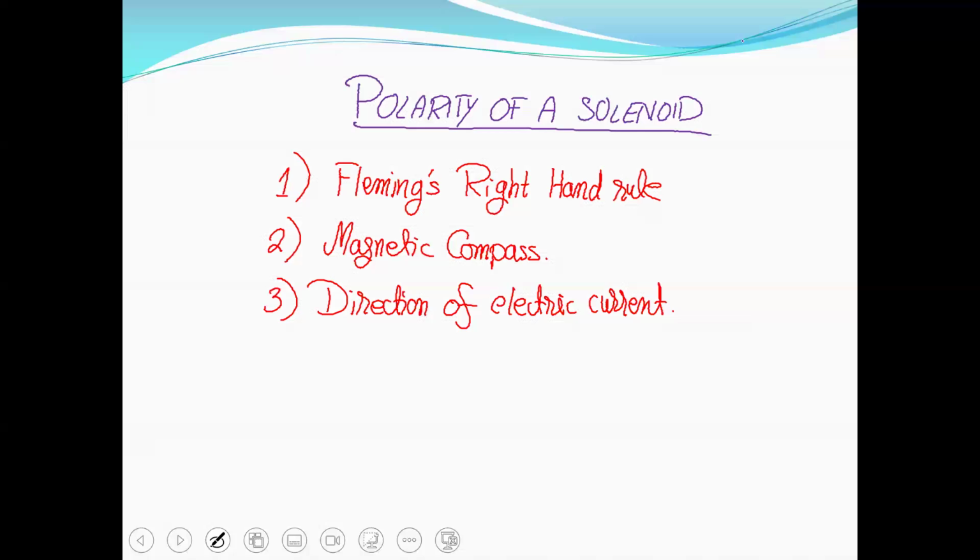Number two, magnetic compass, the second way to determine the polarity.